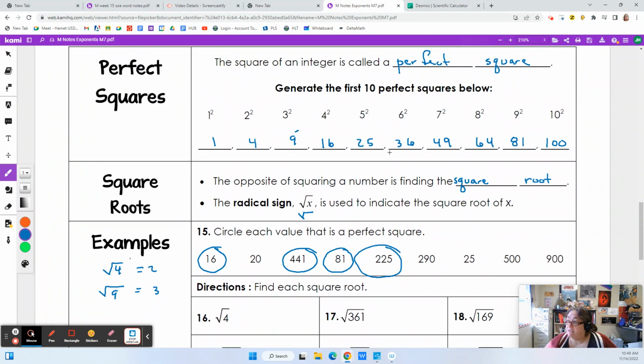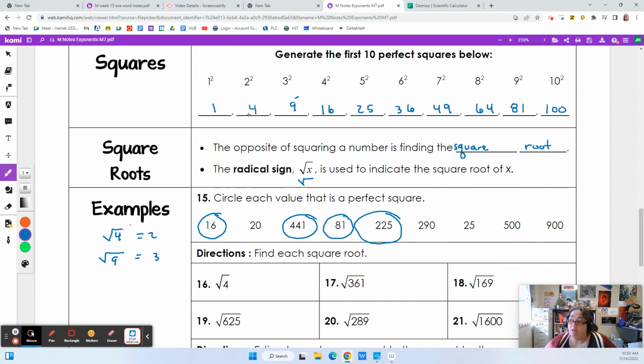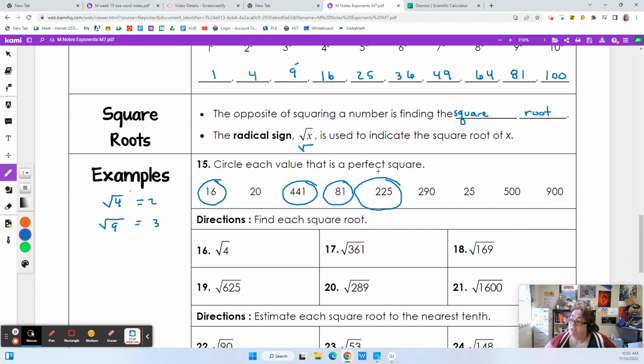A perfect square is the square of an integer. So any whole number that's squared is a perfect square. So any whole number times itself. Like 1 squared is 1, 2 squared is 4, 3 squared is 9. So we're looking for things that are like a whole number.